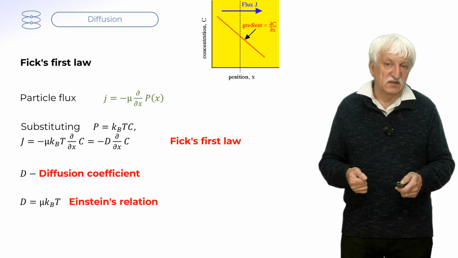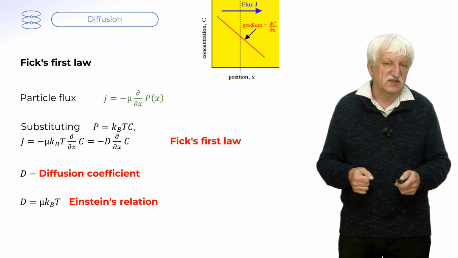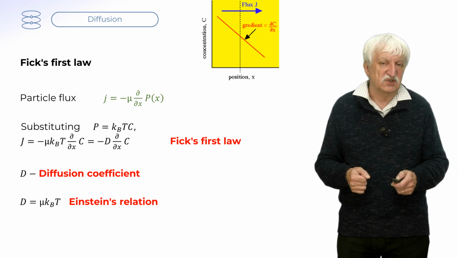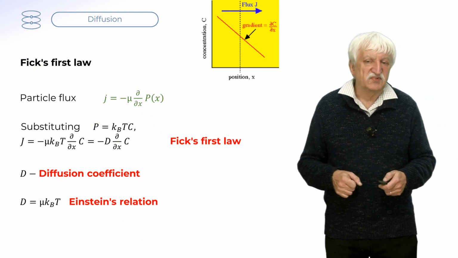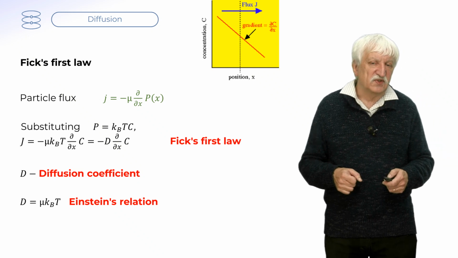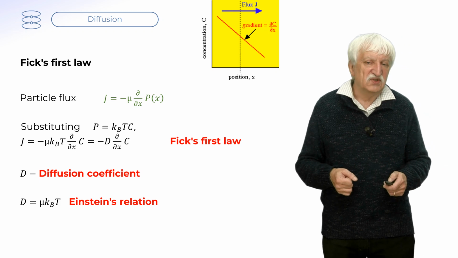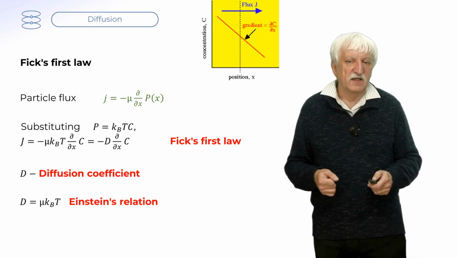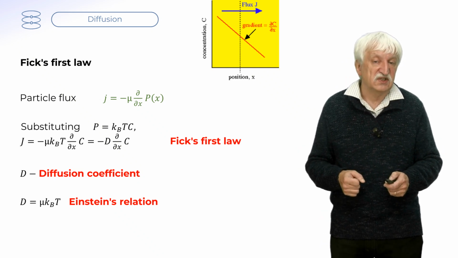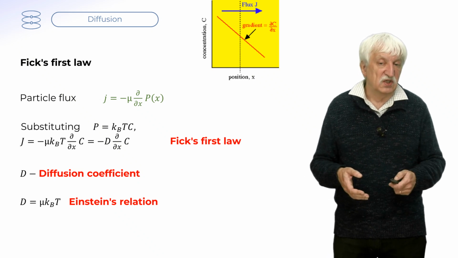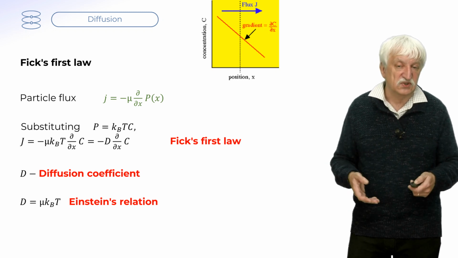And so, going back to the diffusion problem, we just derived in the previous slides that the particle flux is proportional to the gradient of the pressure, and the coefficient of proportionality is the mobility. Substituting the pressure of an ideal gas, k_B T times the concentration C, we find that the flux density is proportional to the gradient of the concentration. The coefficient in this relation is just the diffusion coefficient.